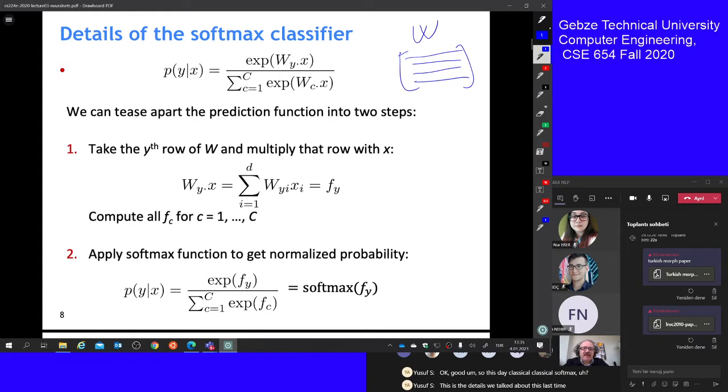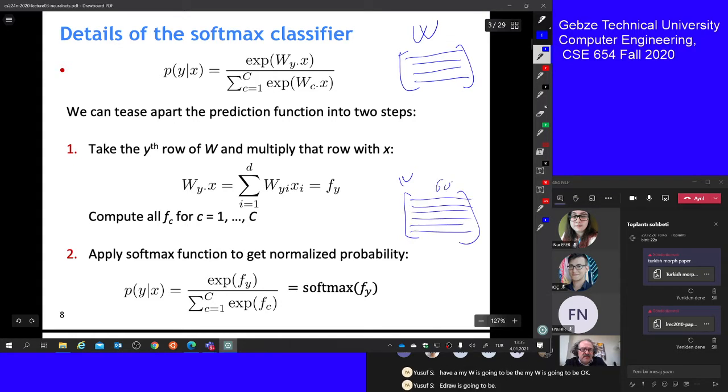So how many vectors am I going to have in this classifier? I will have as many as the classes. How many classes do I have? Let's say I have 10 classes. Then my W is going to be, okay, each row is going to be 600 elements.